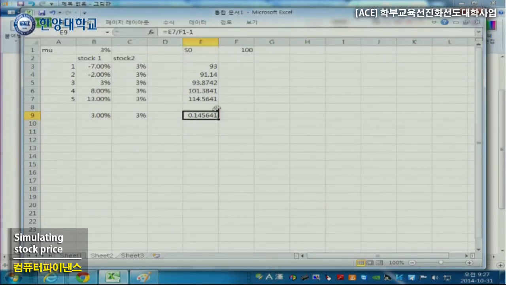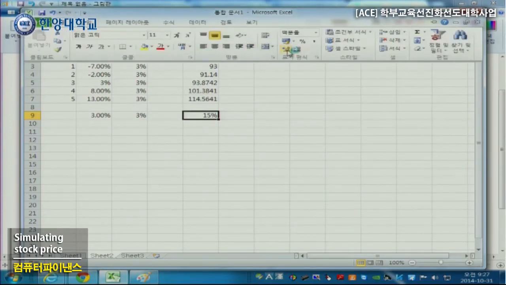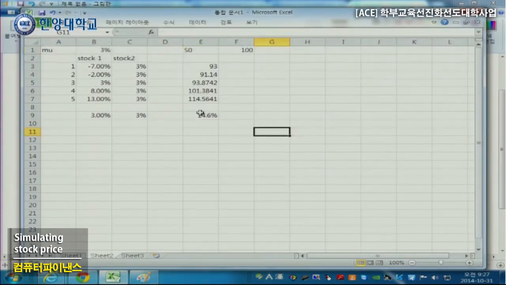So in this scenario, we basically earned almost 15%, 14.6%, over the 5 years. It makes sense, right? Stock price sometimes goes down and goes up, but since the average annual return is around 3%, I made money.